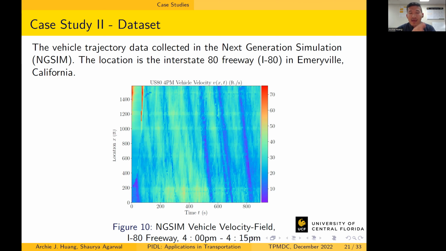Moving on to the next two slides, we will see how PIDL and DL perform in this traffic state estimation task.